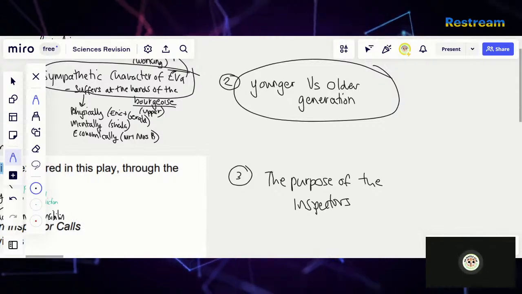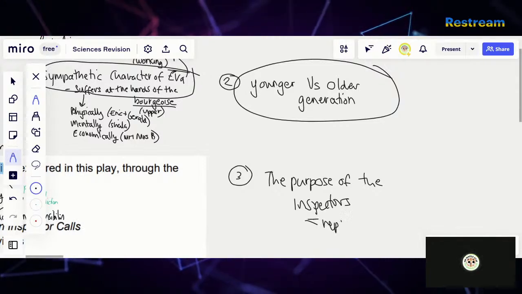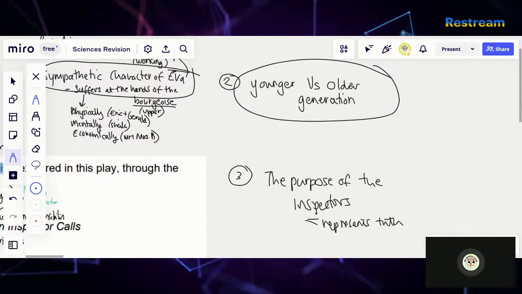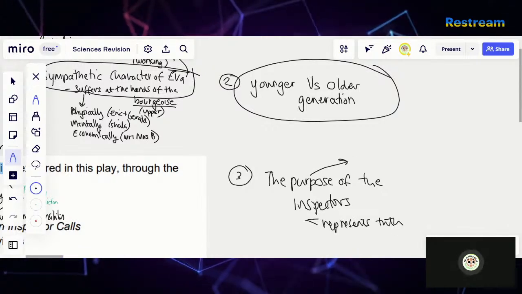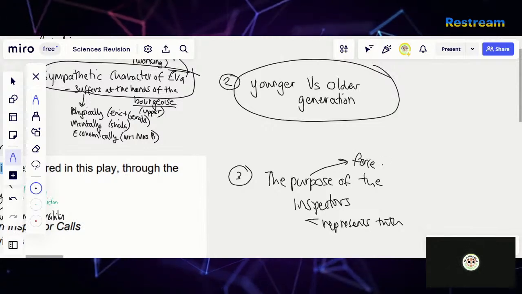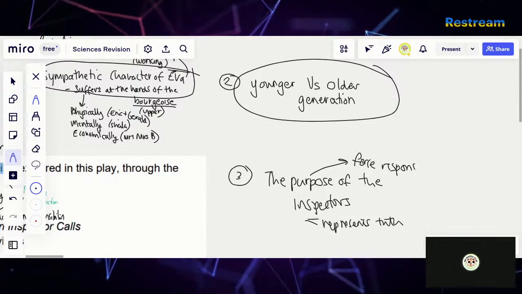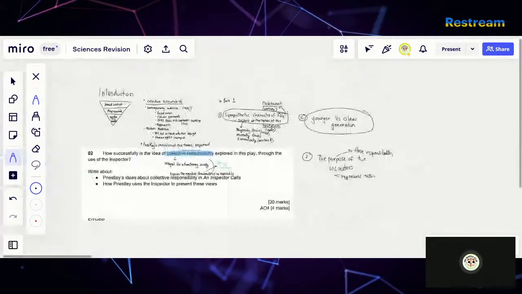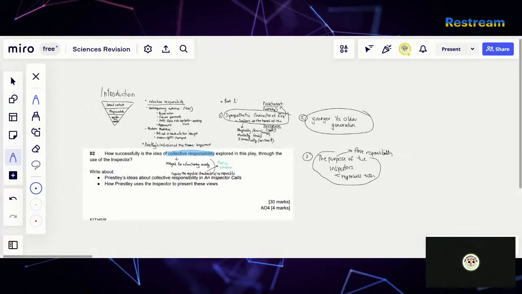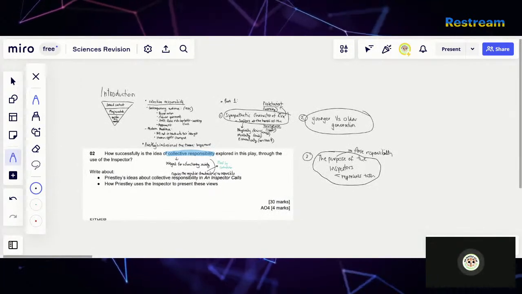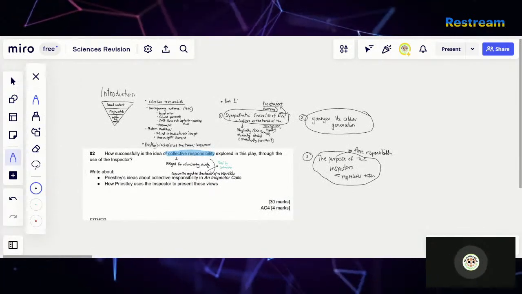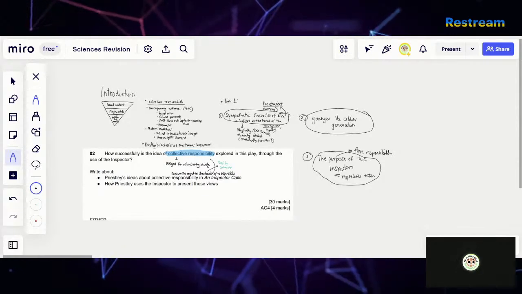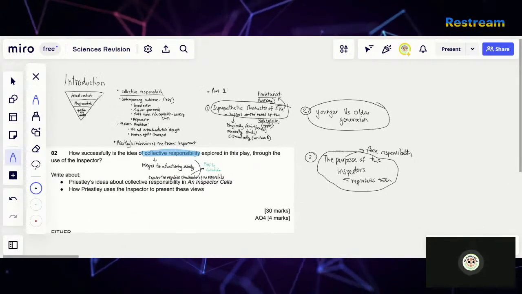So the purpose of the inspector, he represents truth, and the purpose of his visit is to force responsibility upon those who just fail to simply accept it. He's basically representative of a reality check. He's giving them a reality check. So these 3 points are really useful.